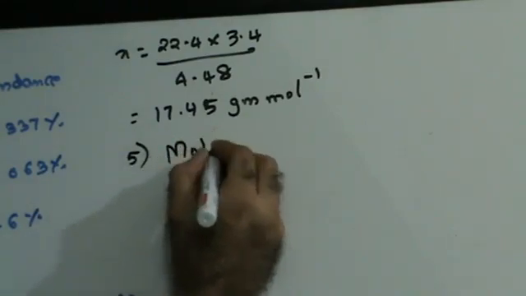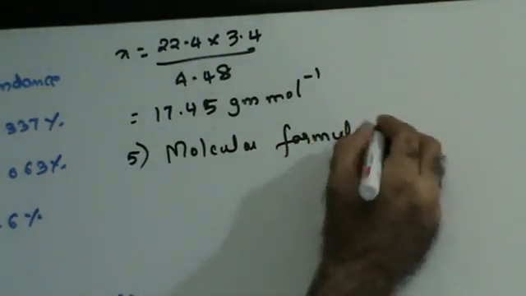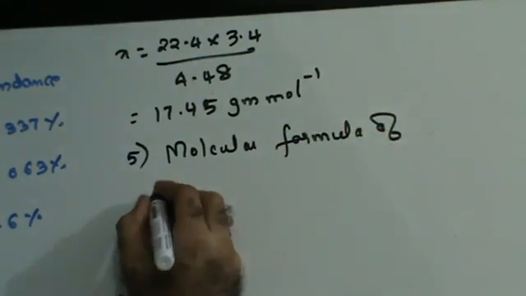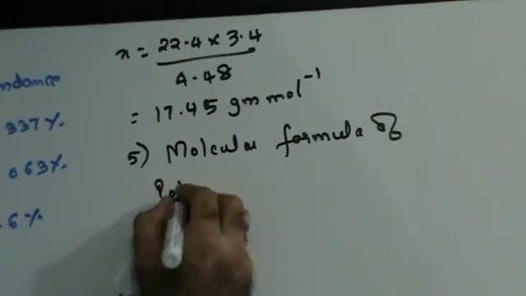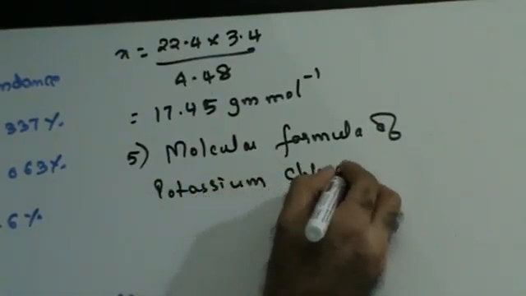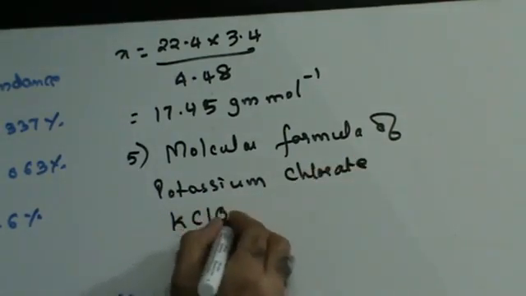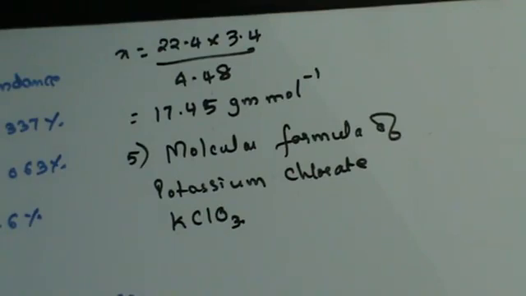Now guys, what is the molecular formula of potassium chlorate? The molecular formula of potassium chlorate is KClO3. Now they are saying calculate the mass of potassium chlorate required to liberate oxygen.